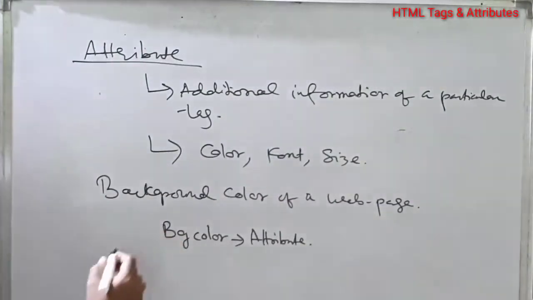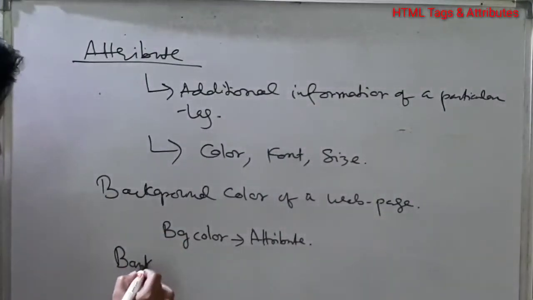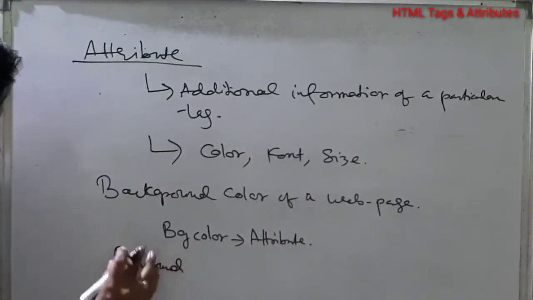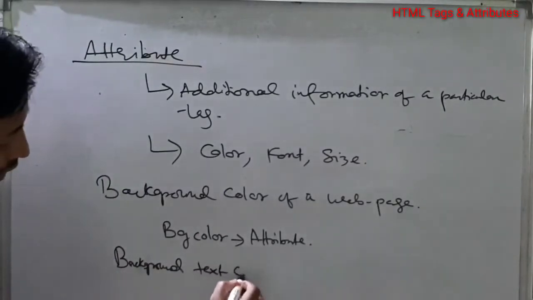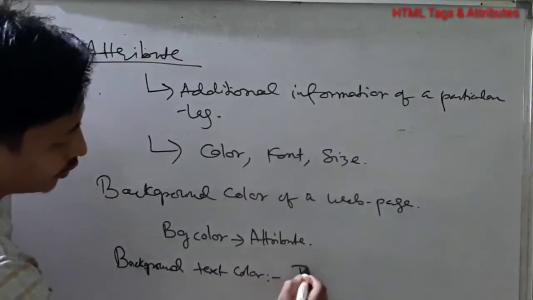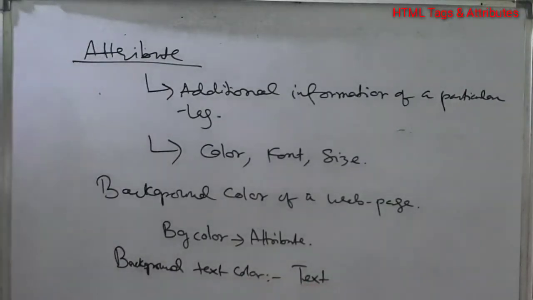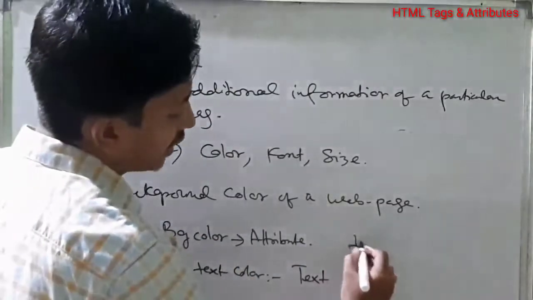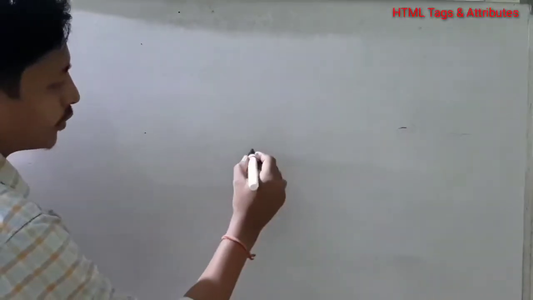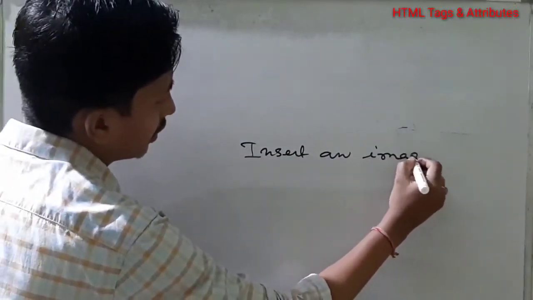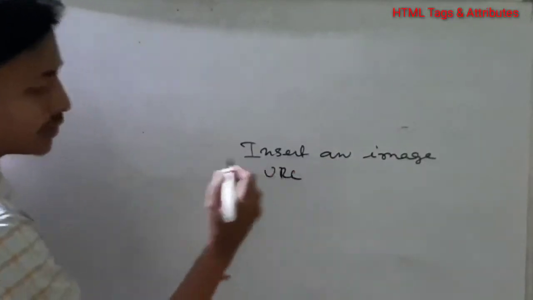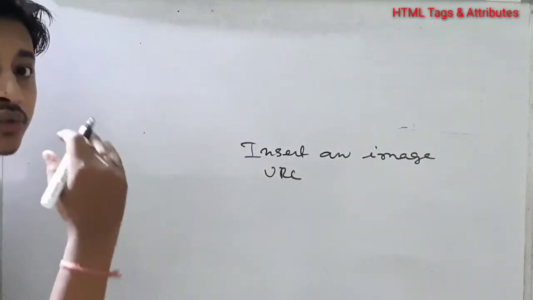If you want to change the text color, then you have to use the text attribute. For example, if you want to insert an image, the URL means Uniform Resource Locator, the source of the image.